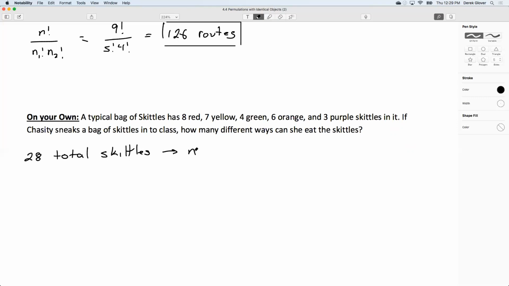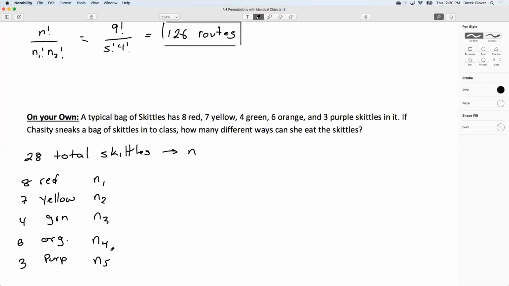That's your n. That's the number of Skittles in the bag. We've got 8 red, we have 7 yellow, we have 4 green, 6 orange, and 3 purple. So this is like n1, n2, n3, n4, and n5. They're all repeated elements.